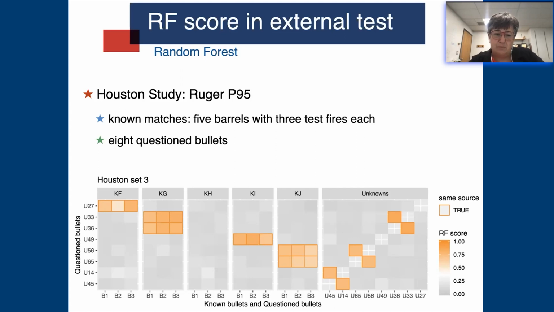So we would like to use these fired bullets to establish whether they are marking and then compare those to unknown bullets. So we're trying to follow in the studies the setup that we typically see in the lab.